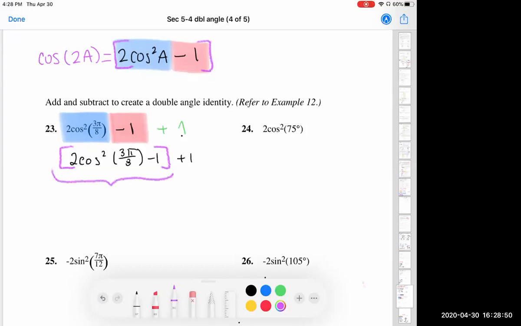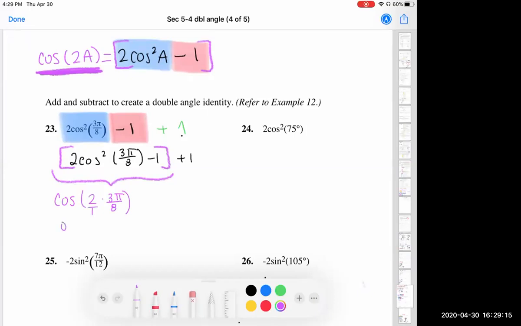Now, according to our equation, this is the same as cosine of 2 times the value, 2 times 3 pi over 8. So let's go ahead and do that. So this is cosine of 2 times 3 pi over 8. All right, let's go ahead and evaluate.